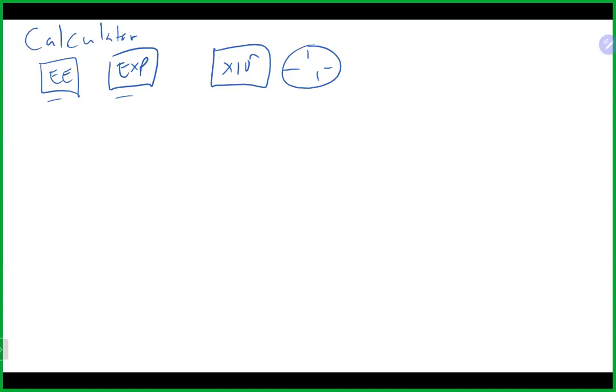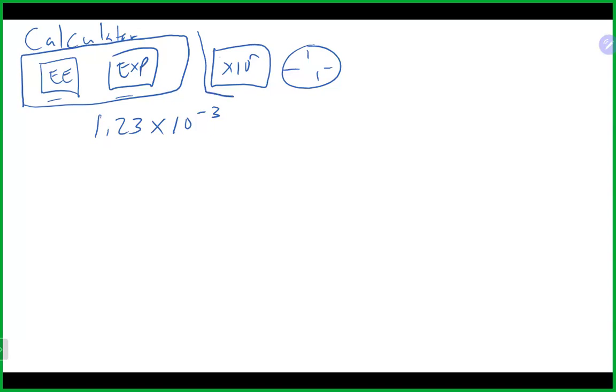Now, when we punch a number into scientific notation, let's just say we're going to do 1.23 times 10 to the negative 3. We want to properly punch that into our calculator. I'm going to talk first about the EE or EXP buttons. If you have a calculator with one of those 2 buttons, you're good.